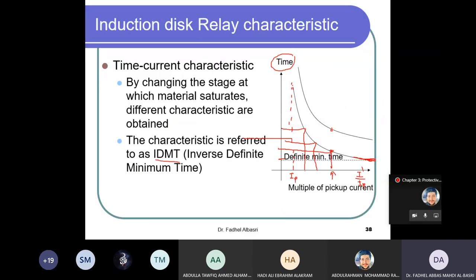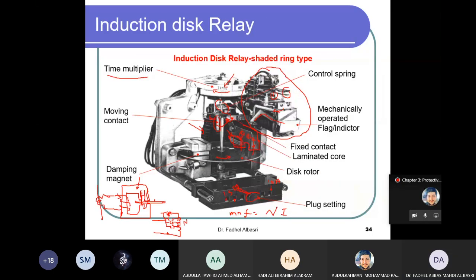It will take this time at the same current. So this is moving the curve, moving the time dial. We call it time dial setting or time multiplier setting, TMS, or time dial. This is the time dial.